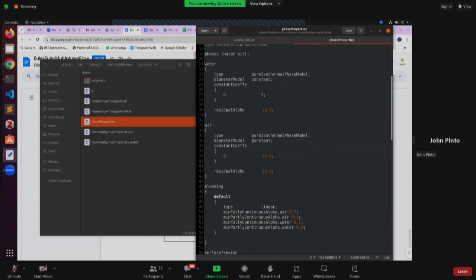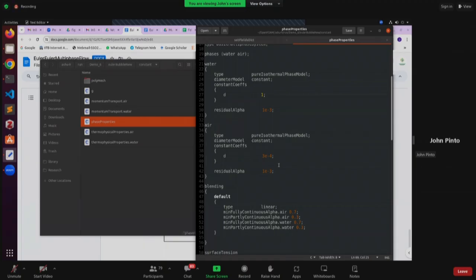When OpenFOAM reads this file, it will throw an error saying that banana is not defined. Instead, the available models are, and then it will list, say, the constant model, isothermal model. So you will get a list of all the models that are available. This is a quick way of finding it out. Then you can search and read up on those models and see which one suits you best.